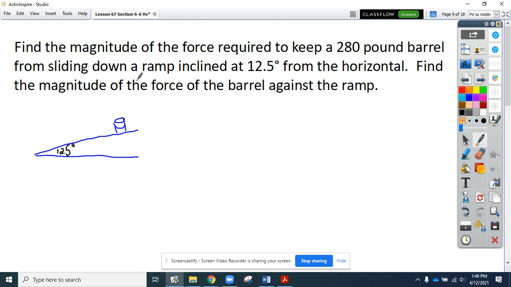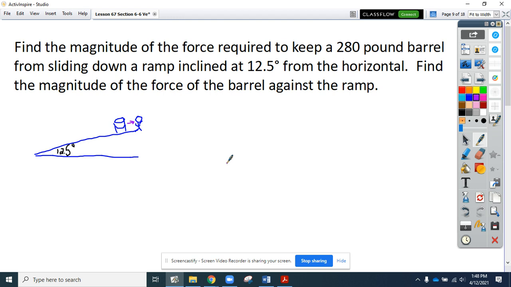And it says find the magnitude of the force required to keep it from sliding down the ramp. So what it's saying is that you're this little person here. And we're saying, how hard do you have to pull against that barrel to keep it from sliding? That's what you're trying to figure out.